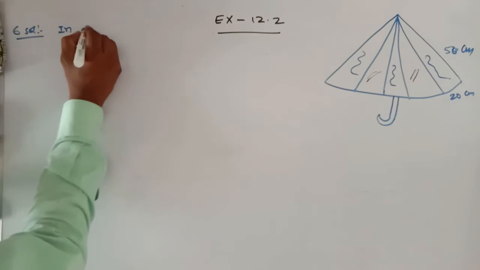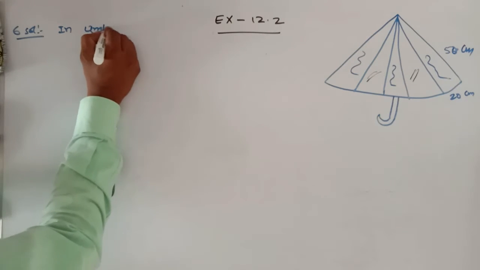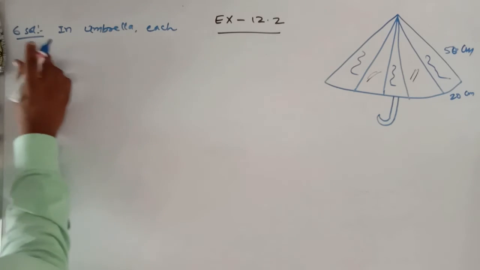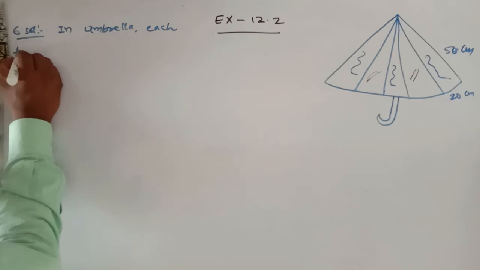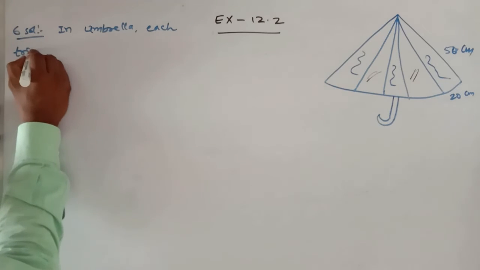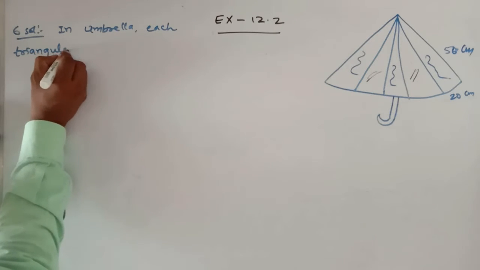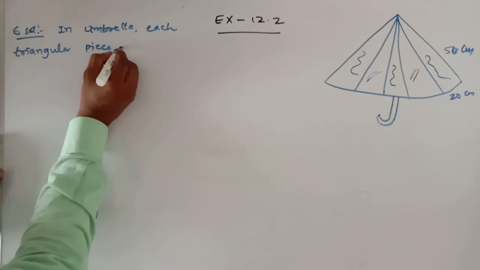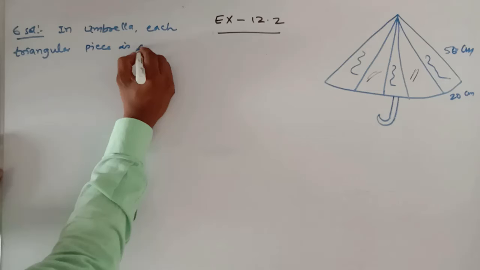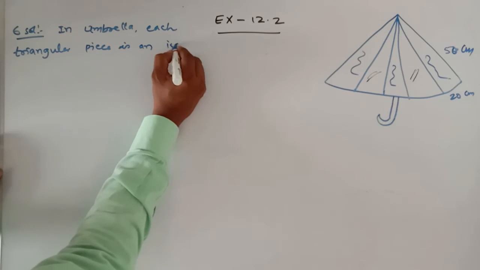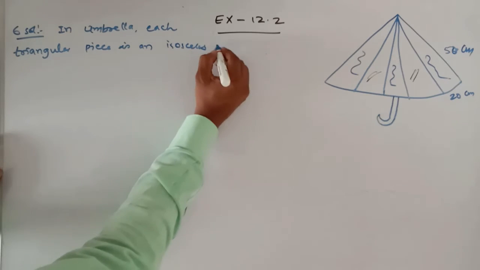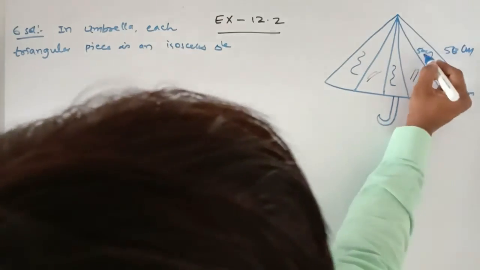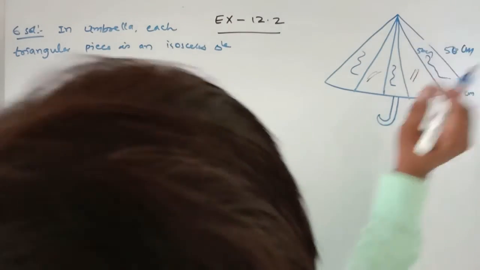In the umbrella, each triangular piece is an isosceles triangle, because if it is 50, then this is also 50 centimeters, since these two lengths are going to be equal.